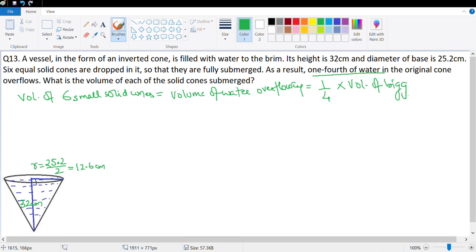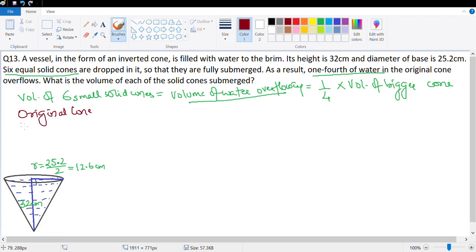Let me check if I've got the relationship correct. A volume of 6 small cones, because 6 cones are dropped, is equal to volume of water overflowing. That's also fine. And this is equal to 1/4 the water of the bigger cone or the original cone. Perfect. So for original cone, let's see what information we have.